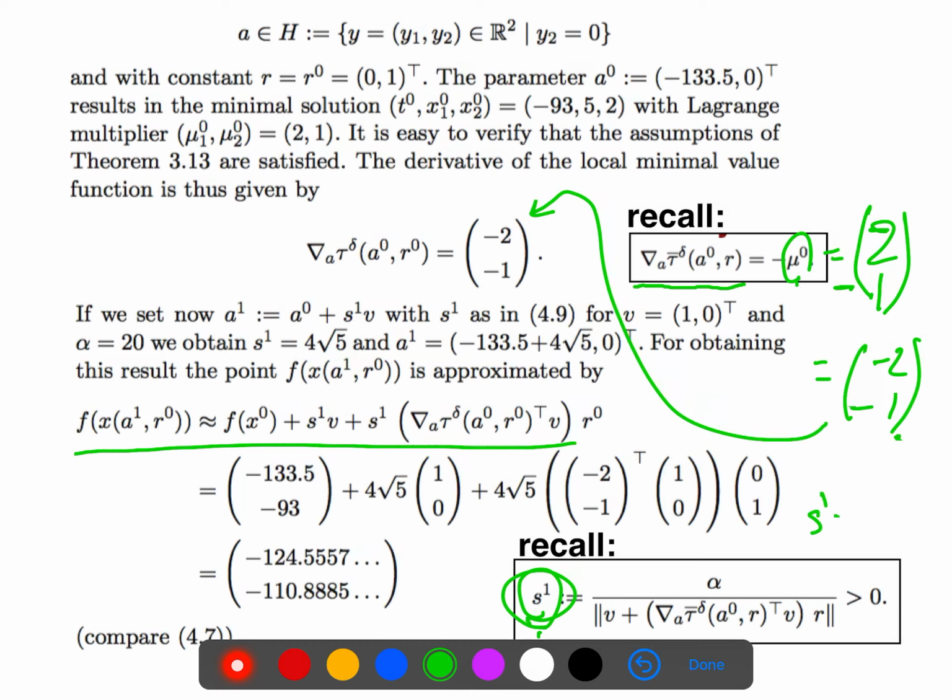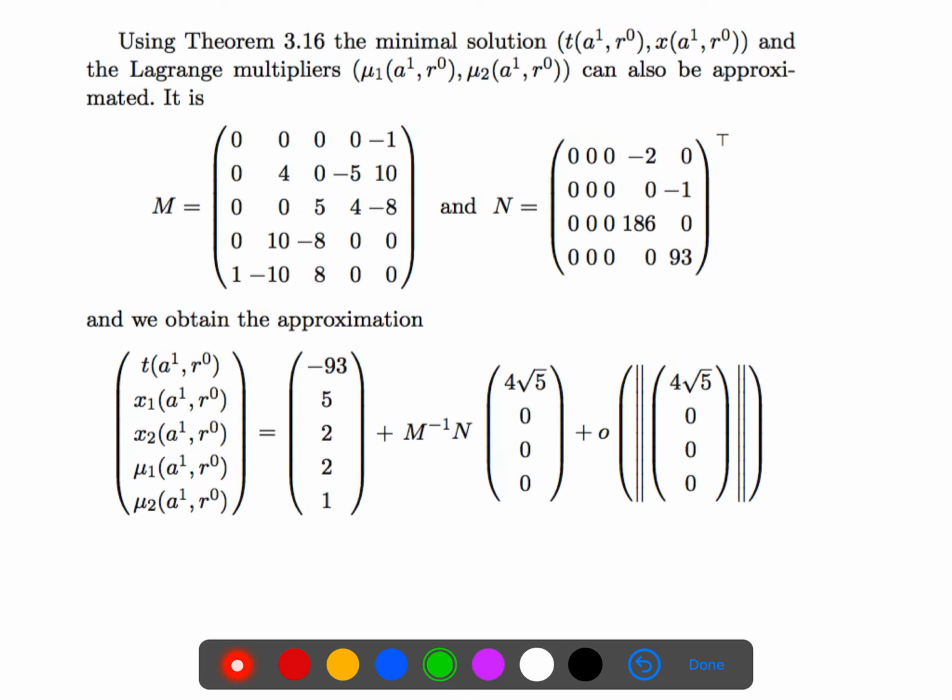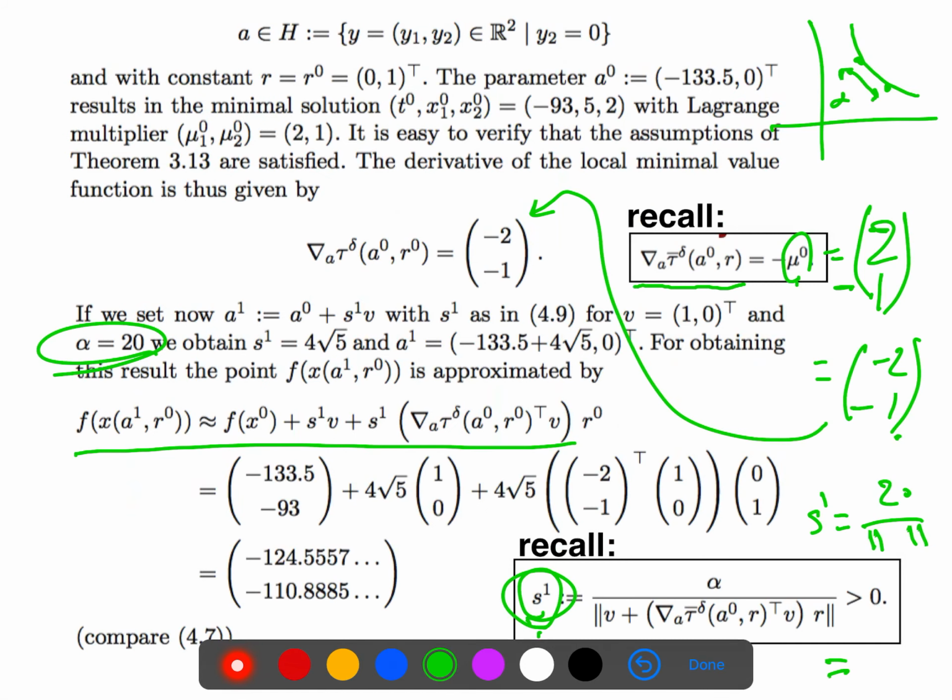So S1 is alpha divided by this norm. What is alpha? Alpha is 20 here, for an equidistance of alpha on the efficient frontier, where the distance between two minimal points is alpha. So 20 divided by this norm, and then we calculate it, and S becomes 4 and 5.